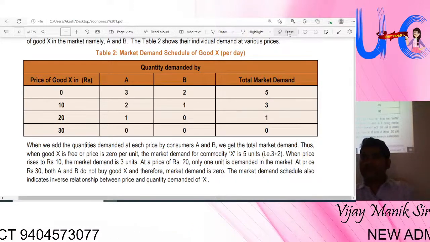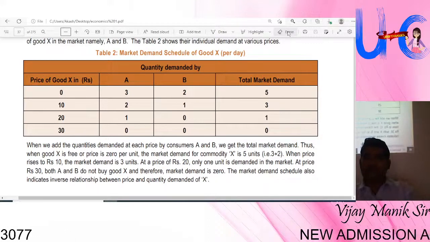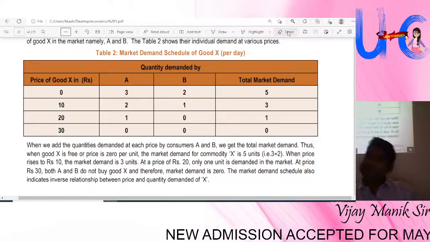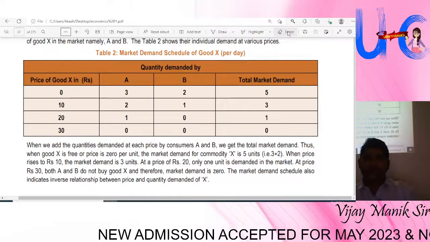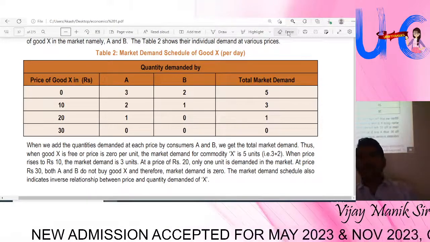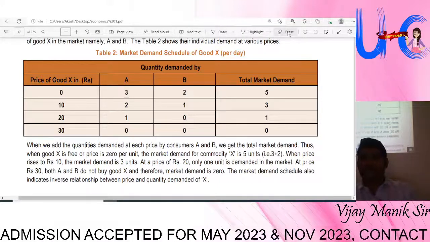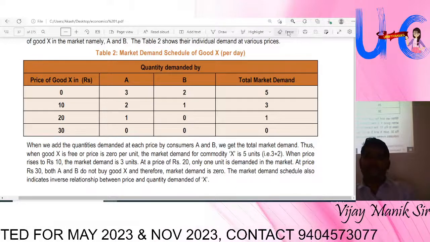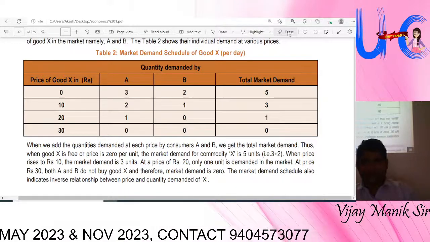Commodity A demand decreased by 1. Commodity B also decreased by 1. Total demand of the market decreased by 2. So the law of demand is applied in the market. Clear?